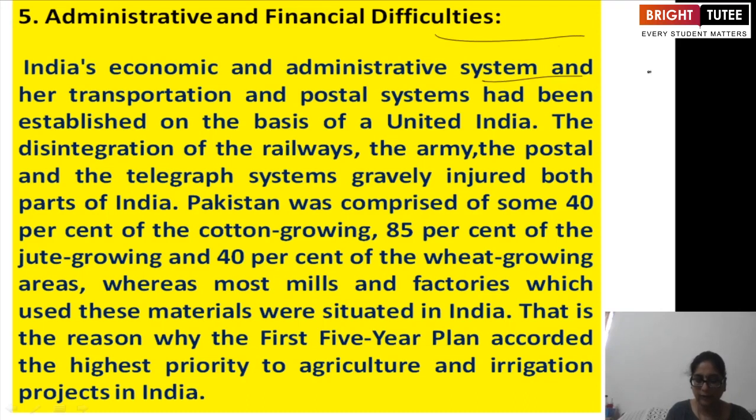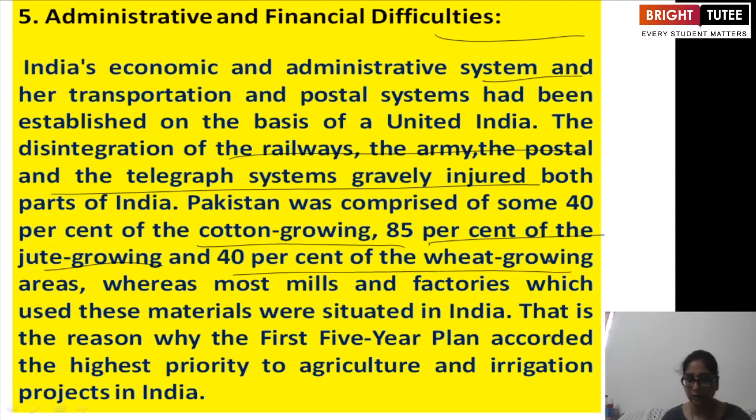The disintegration of the railways, the army, the postal and the telegraph system gravely injured both parts of India. Pakistan comprised some 40% of cotton growing, 85% of jute growing, and 40% of wheat growing areas, while most mills and factories which use these materials were situated in India. That is the reason why the first year plan accorded the highest priority to agriculture and irrigation projects in India.